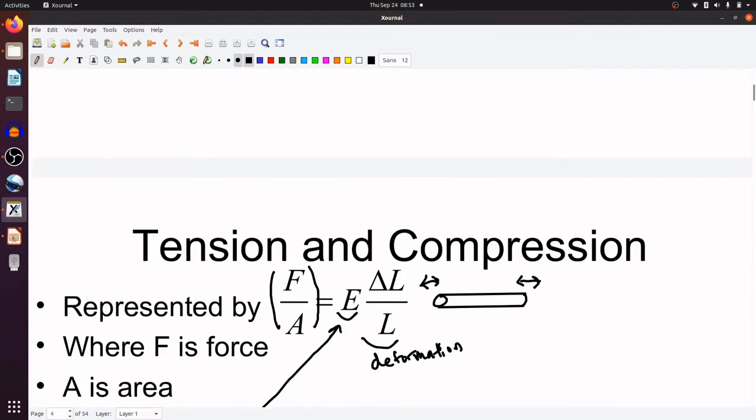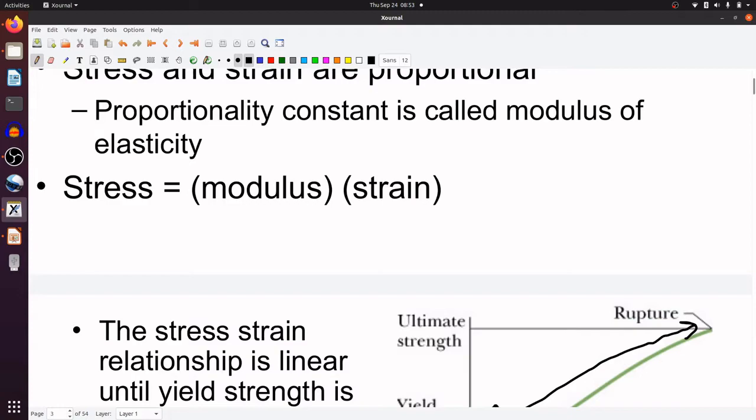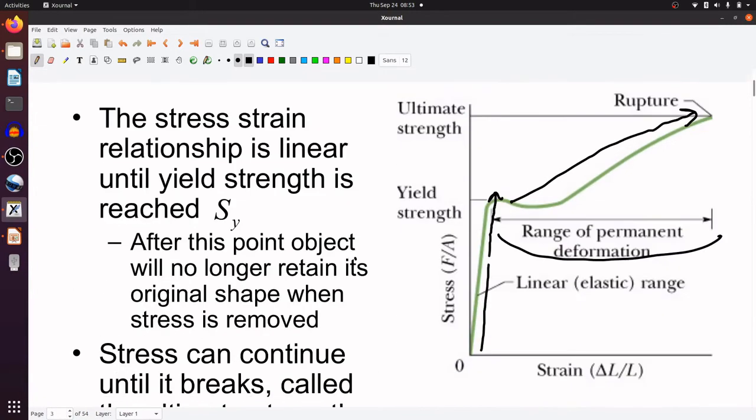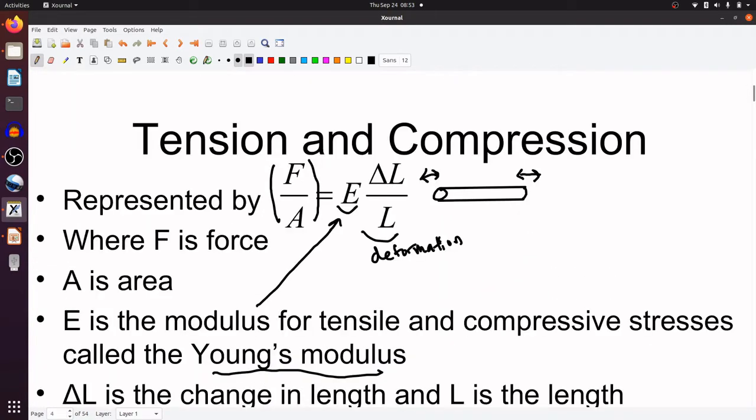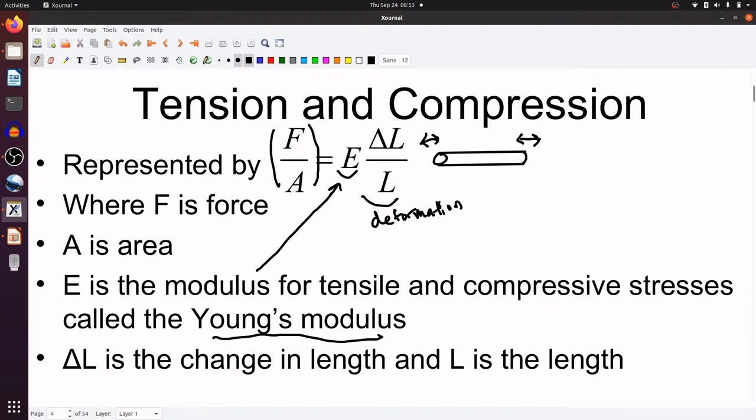And then if I go back up where I told you this earlier, it's the modulus times your strain. And remember, your strain is your deformation. So here's your modulus, your E, times your deformation, delta L over L. I lost my cursor again.